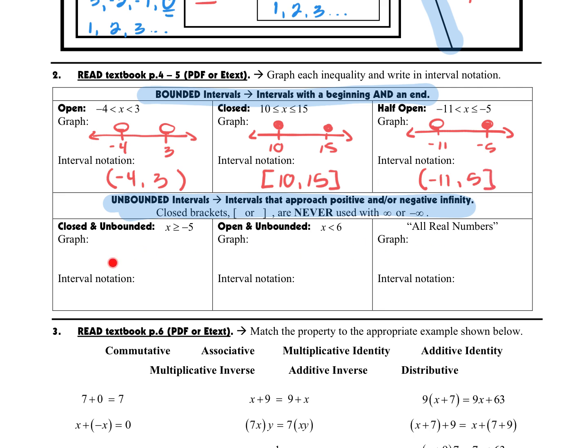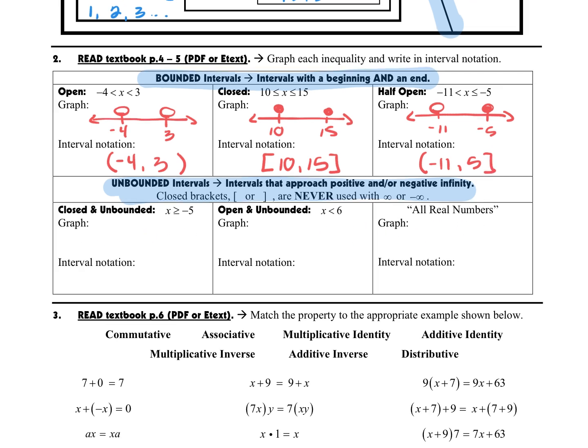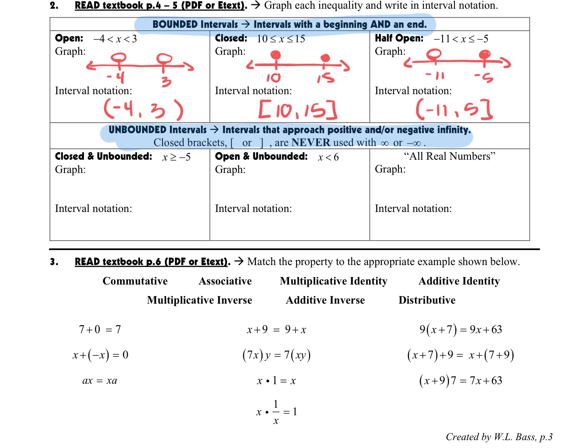Now, down here, we're going to have our unbounded intervals, and these are going to go to positive or negative infinity. We can still draw a little graph. I'm going to put my -5 on here. It's inclusive, so I'm going to make it closed. And when I read the inequality, I read from the variable. X is greater than -5, so my arrow goes in that direction.